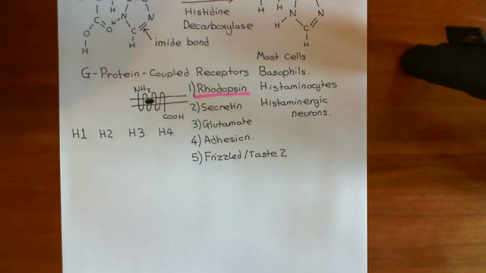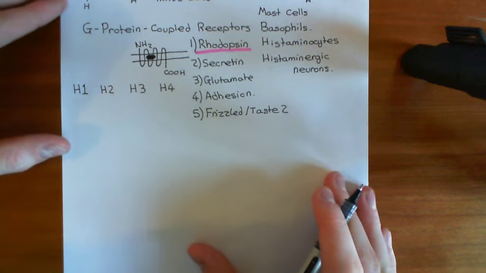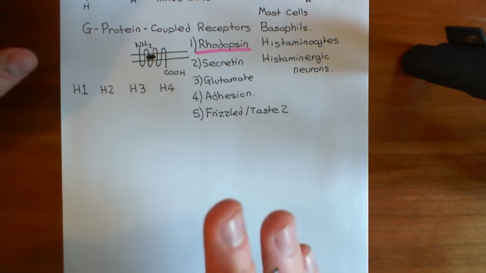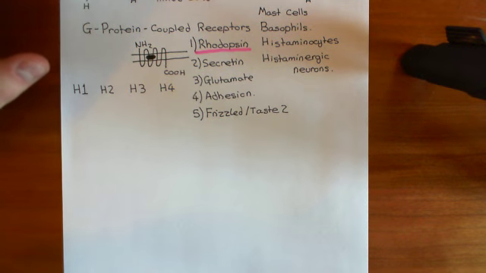Now, we need to discuss which heterotrimeric G proteins each of these histamine receptors is coupled to. For this, I would like to discuss heterotrimeric G proteins, just so that you understand what the naming system actually means.